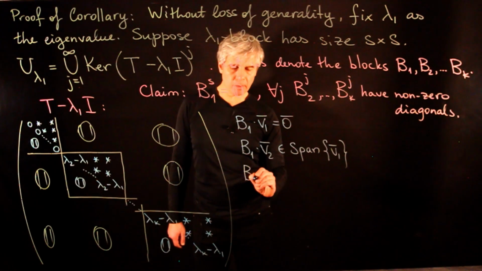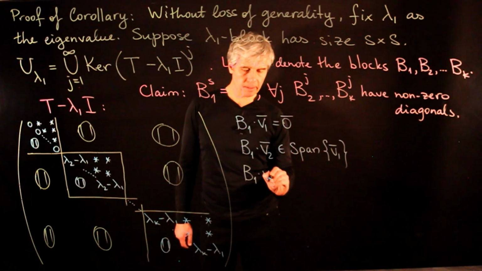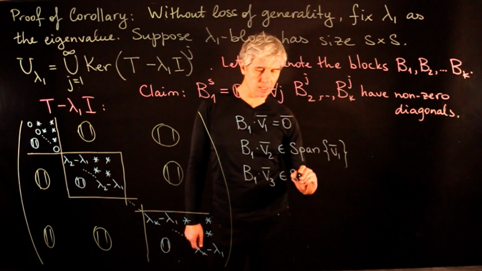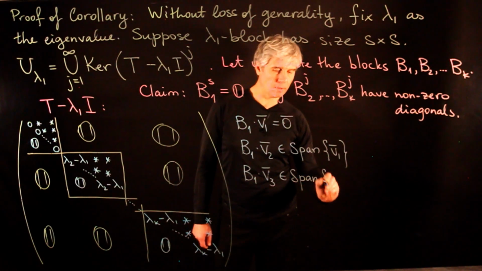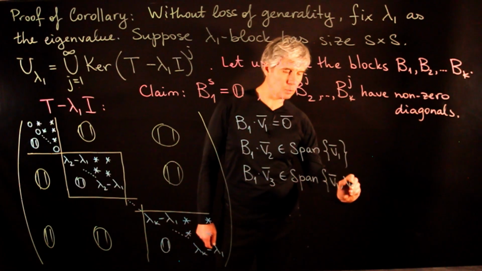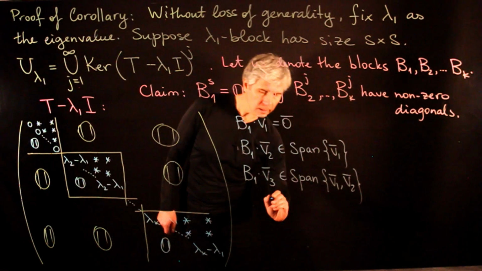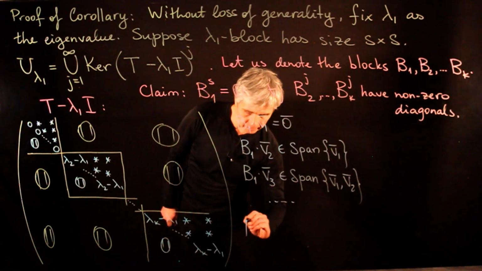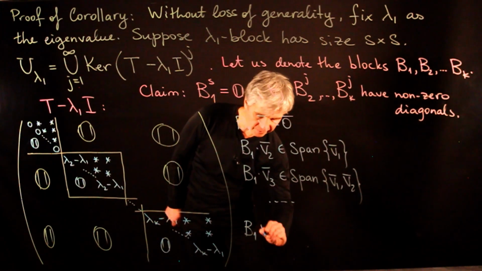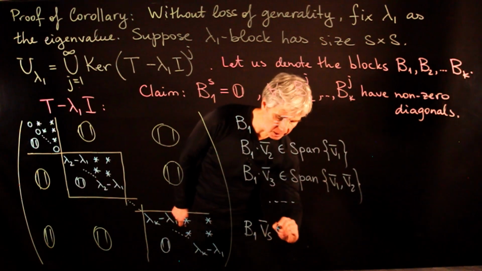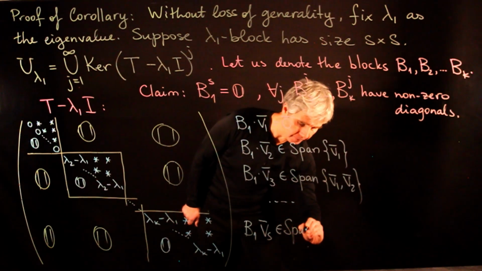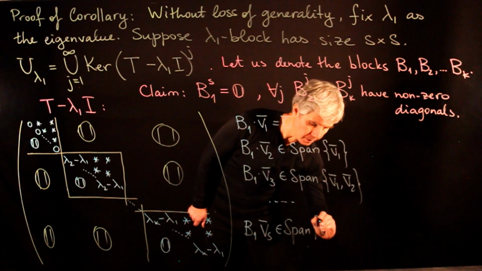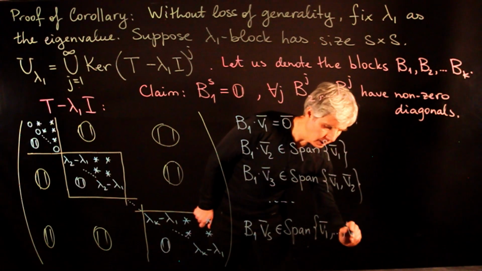When we act with b1 on v3, the result will be in the span of v1 and v2, and so on. So when we act with b1 on the last vector vs, the result will be in the span of v1 up to vs minus 1.